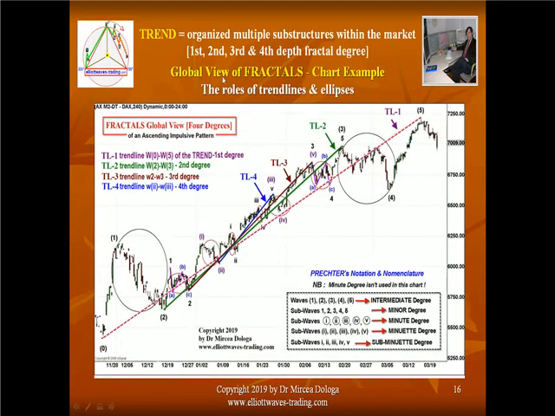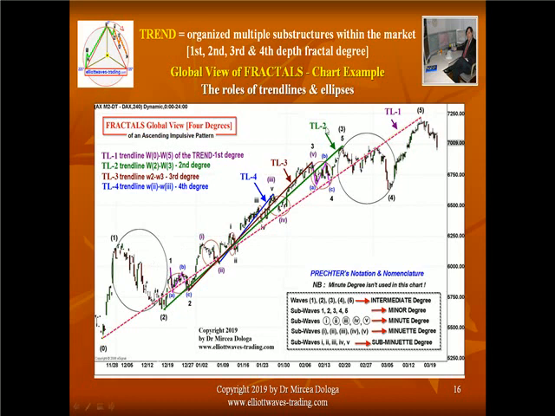Over here is nothing else but a global view of fractals, which once again emphasizes the role of trend lines and ellipses. If we take the degrees of the fractal, we have the highest degree, which is the first fractal, having the trend line TL1, with the two biggest ellipses of the two corrective waves.